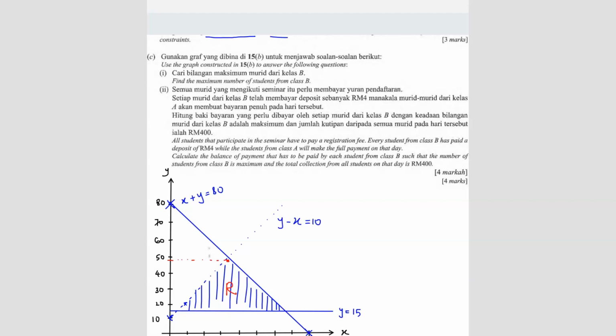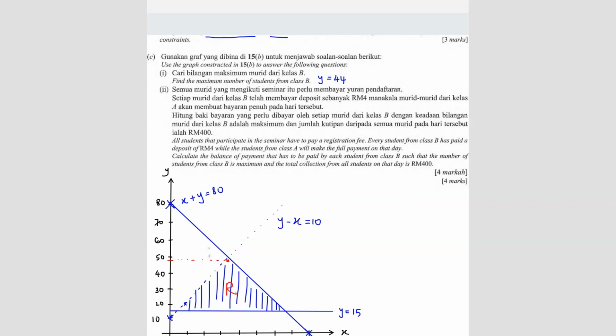The maximum y value should be 44, maximum students from class B. You can't take 45. If you choose this exact point you will get 45, but you can't take 45 because this line is a dash line. It will not include that point, so you have to go 1 unit lower.